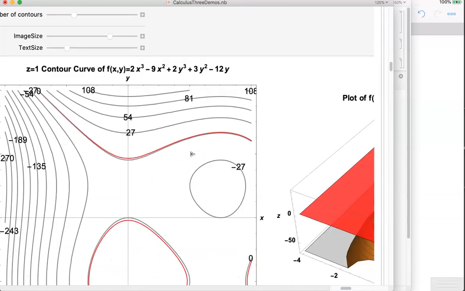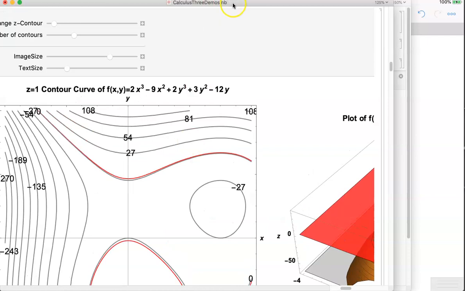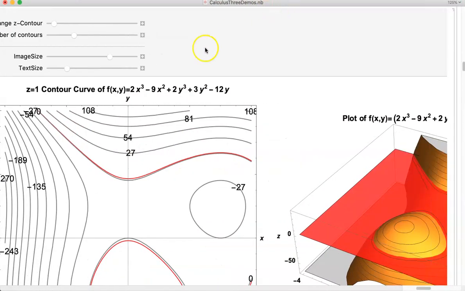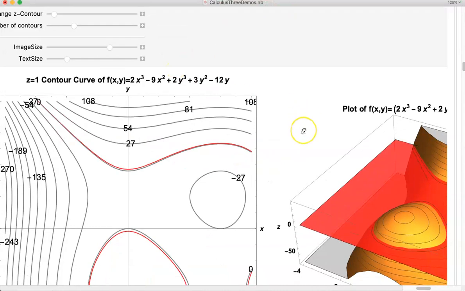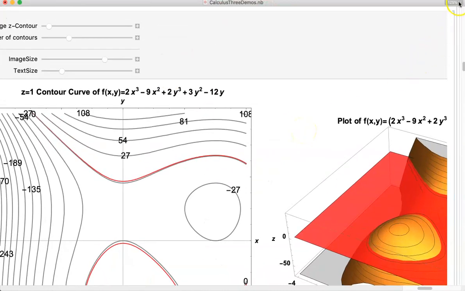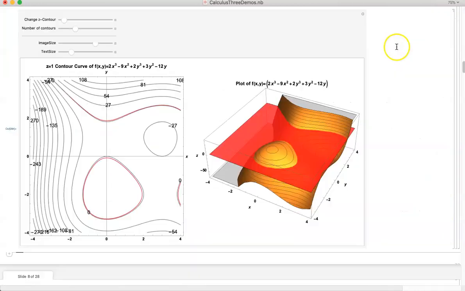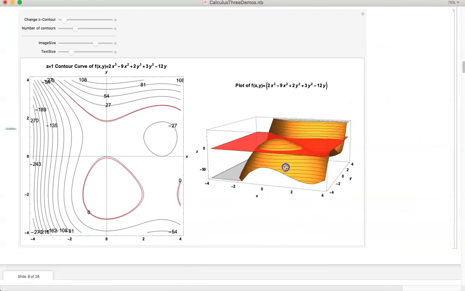Okay, and you can see here, let me see if I can bring this into focus a little better, that this function looks pretty crazy. Let me make this a little smaller so it all fits on the screen at the same time. We can see that there is a local maximum.